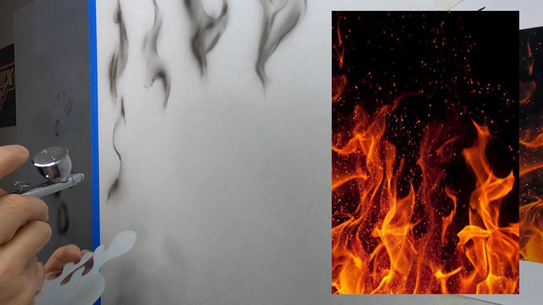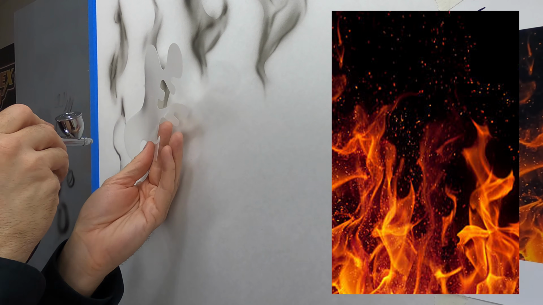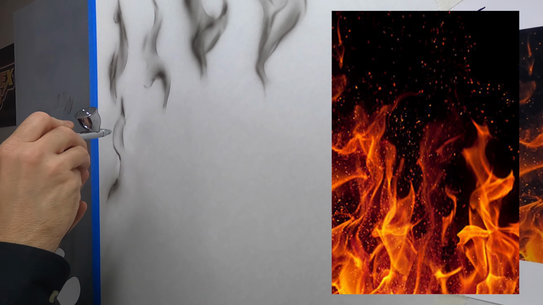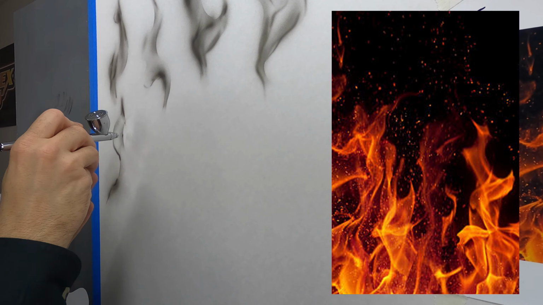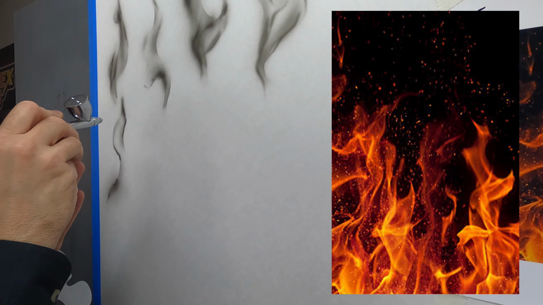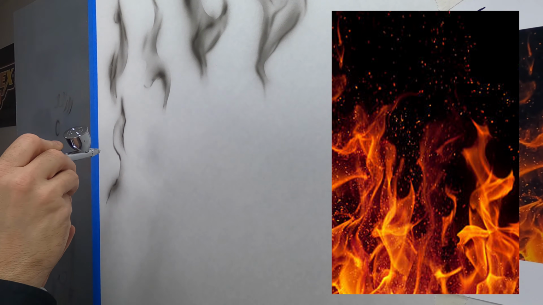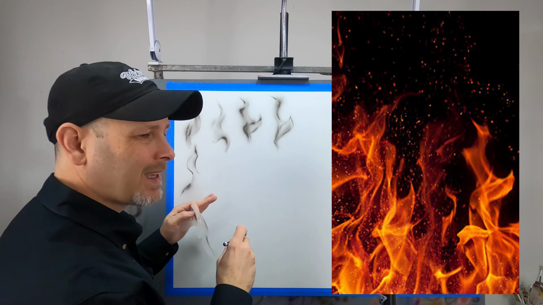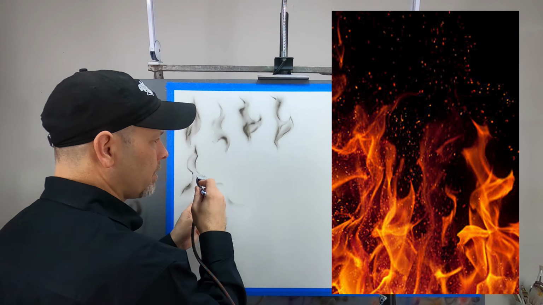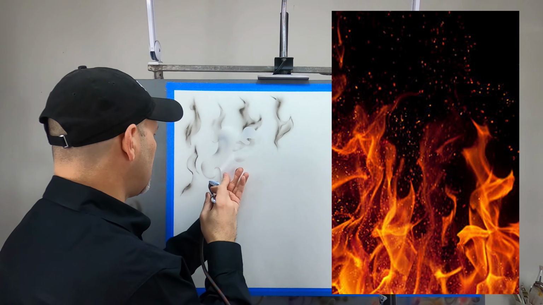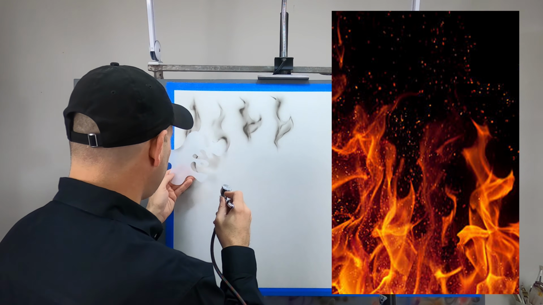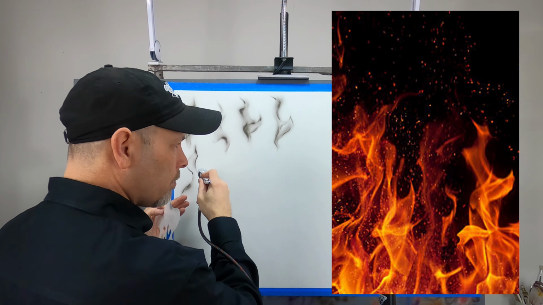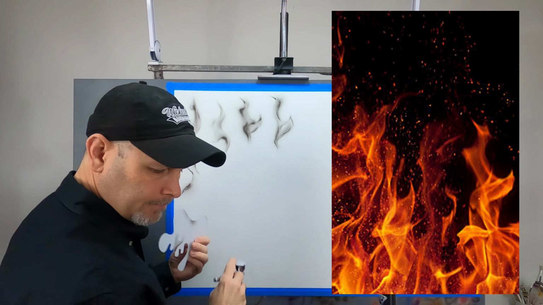And then it comes back in just a little. Again, this is not exactly what it looks like in the reference image, but I'm not trying to create exactly what I see in the reference image. I'm kind of using it as a guide. And it comes back up very softly.